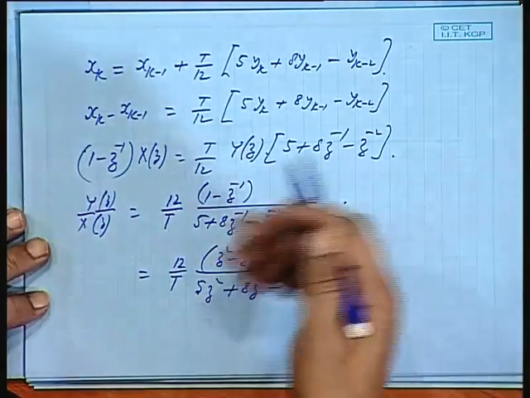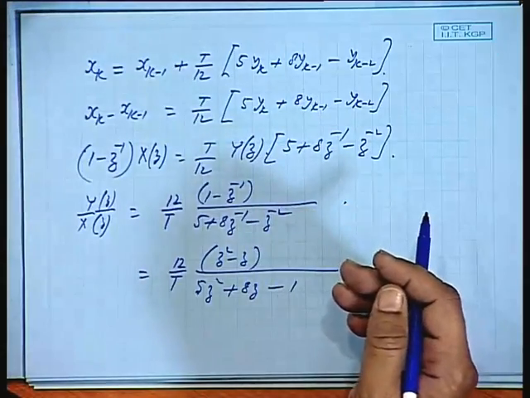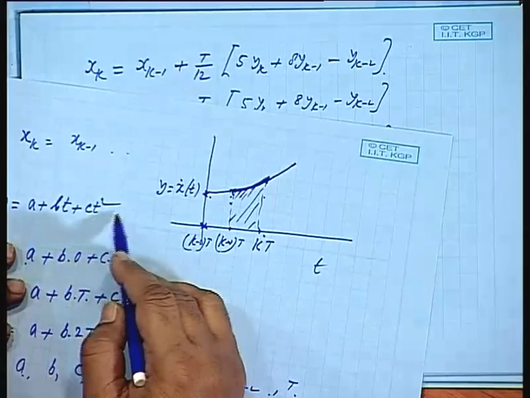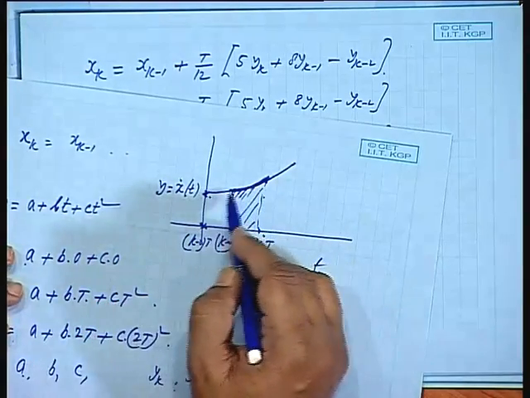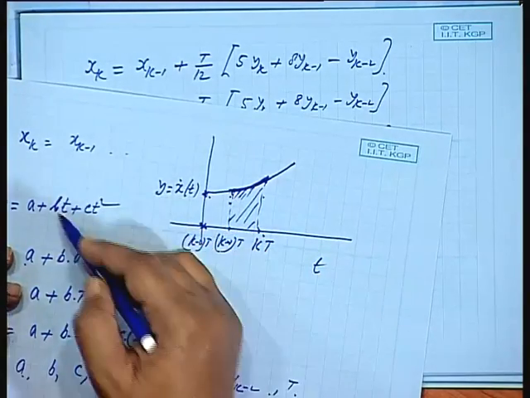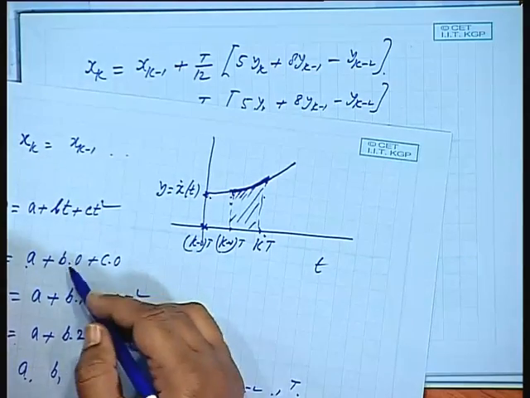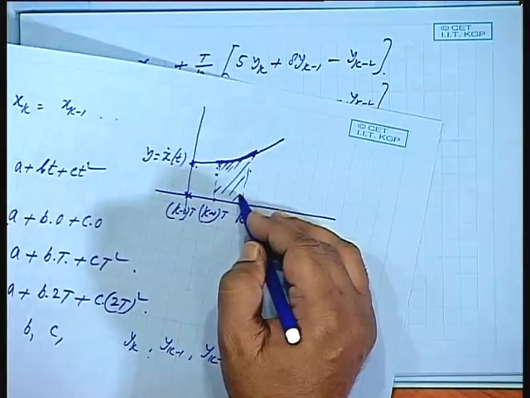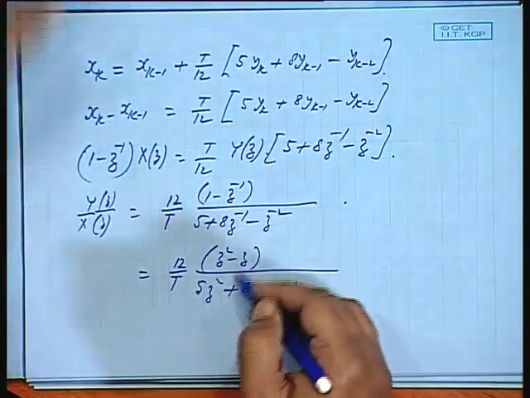So, like that you can go for a cubic parabola. In this a plus bt plus ct square plus dt cubed, you take previous 3 points and once again you get hold of those values of a, b, c, d and then get the expression for the area, all right, and you will get a higher order term.